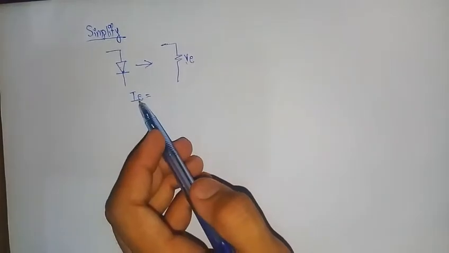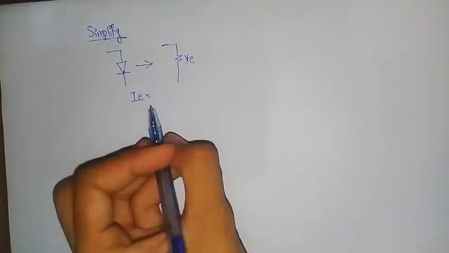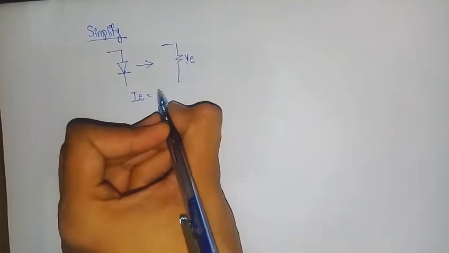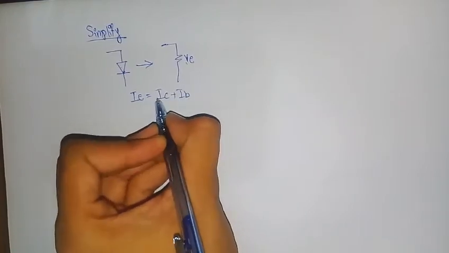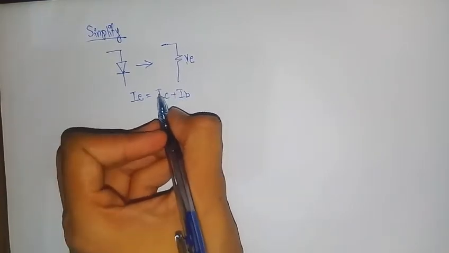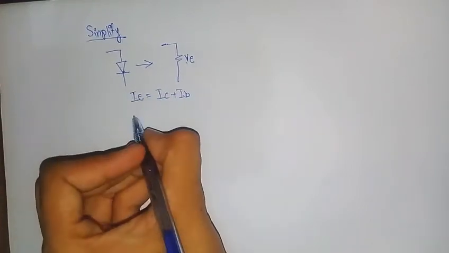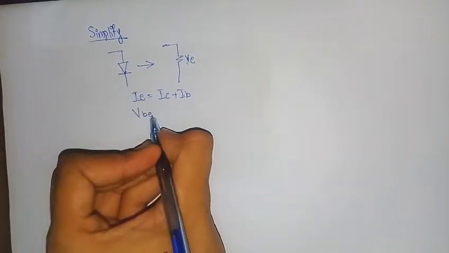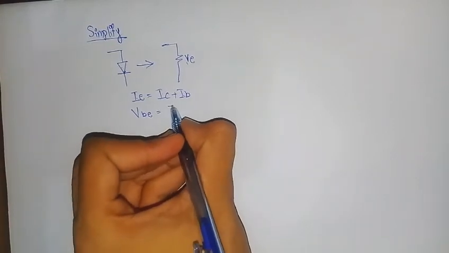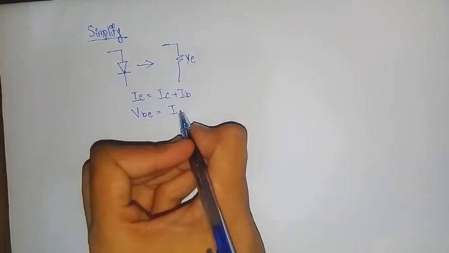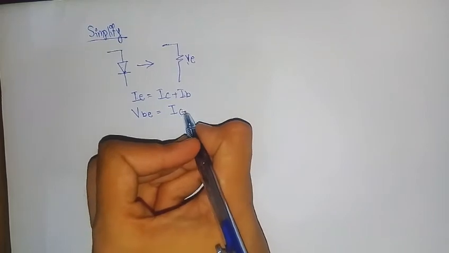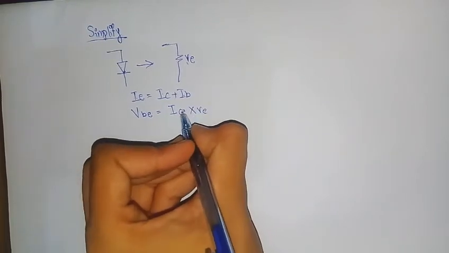So you know that IE is the current flowing in the common emitter configuration, and it has the value of IC plus IB. The sum of both currents, collector plus base current, equals the emitter current. And as you know, VBE, the base emitter junction voltage, will be calculated from IE times re.